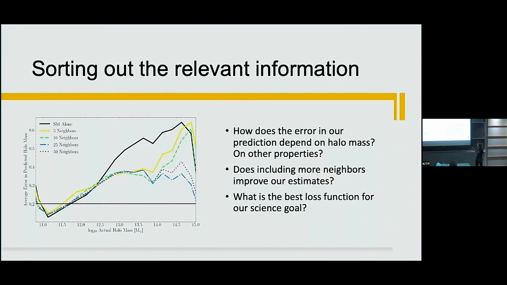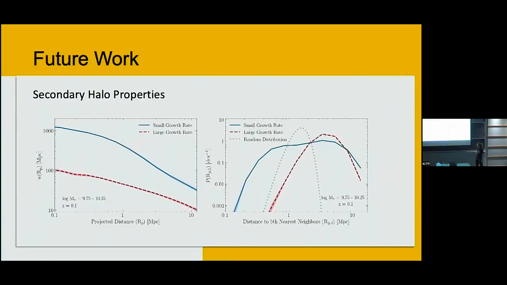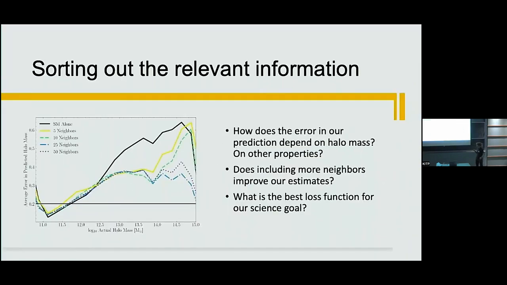So how we weight our training data, or what loss function we choose for our training, is going to impact the performance of our network in these different regimes. That is mostly what I want to talk about in halo mass.